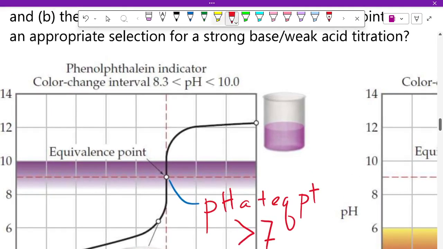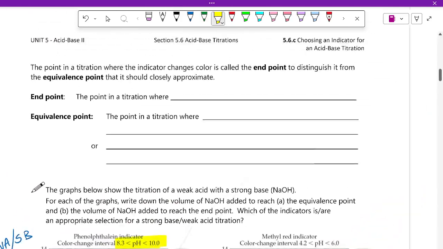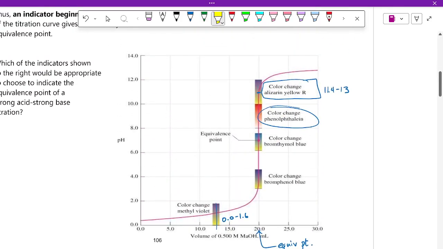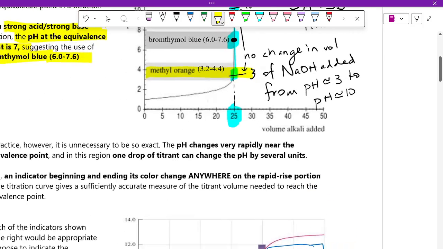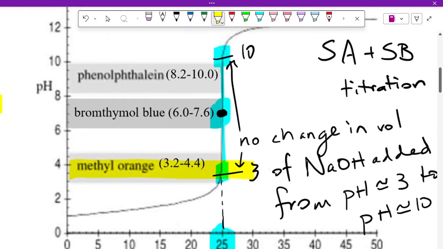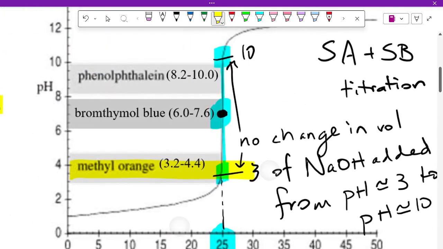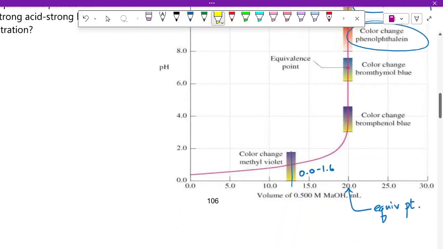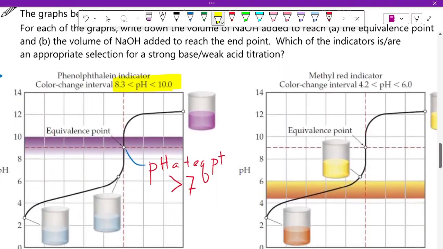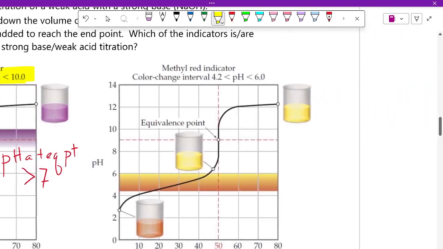Phenolphthalein changes at a pH greater than 7. Do you remember how methyl orange was okay for that strong acid, strong base? Because it changed at the 25 milliliters. How about methyl red, which is similar to methyl orange?